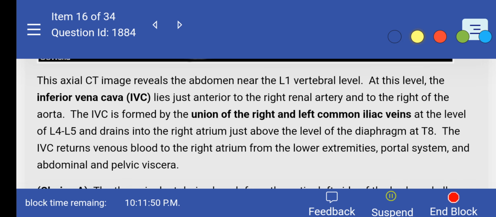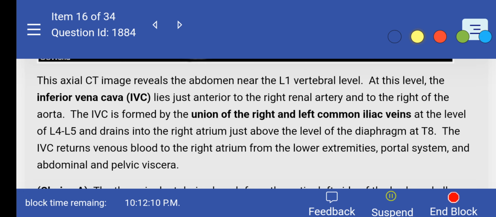So this axial CT image reveals the abdomen near the L1 vertebral level. At this level, the inferior vena cava lies just anterior to the right renal artery and to the right of the aorta.